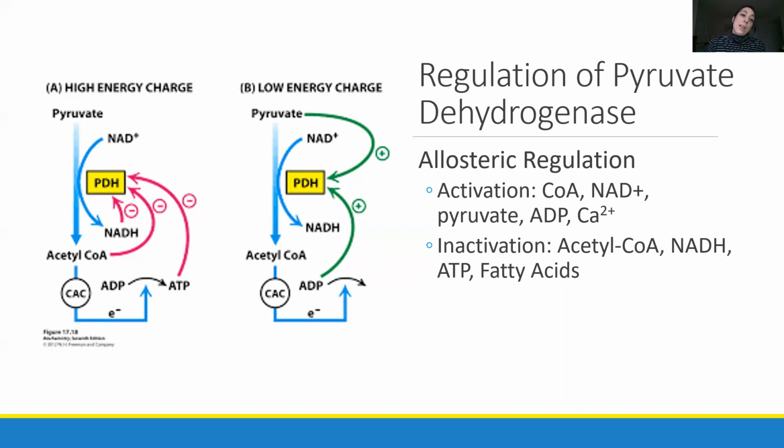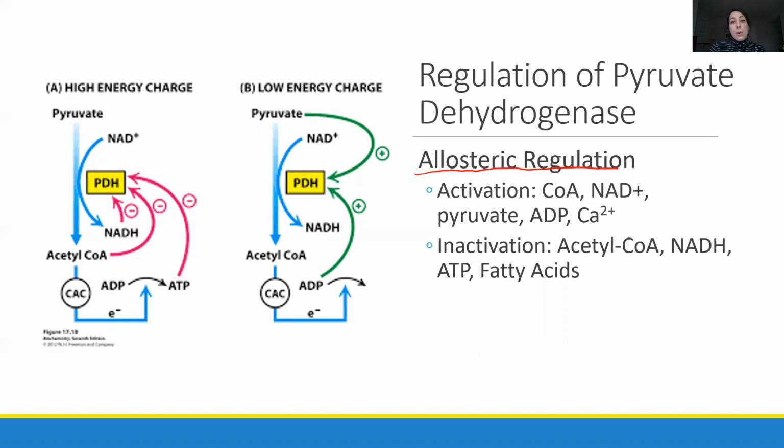So just like glycolysis, we have a lot of allosteric regulators. Remember, allosteric regulators are molecules that are going to bind and reform enzymes in a way that can activate or deactivate them.